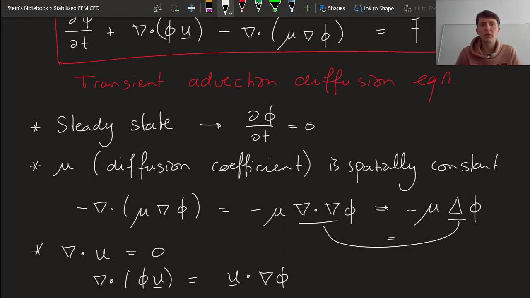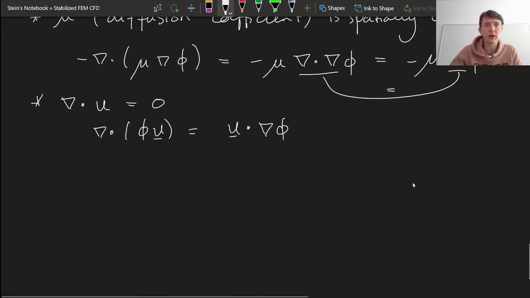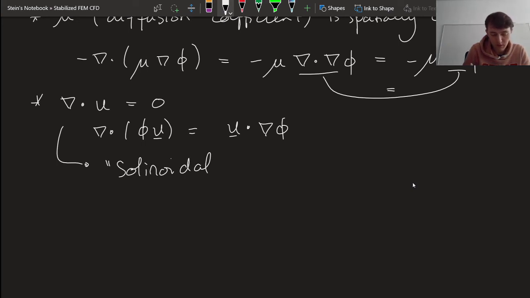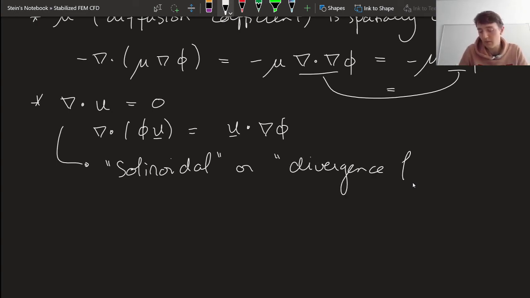Now, what does that mean? A divergence of u being equal to 0. Let me actually spend some additional words on that. So this is called a solenoidal or divergence-free vector field.